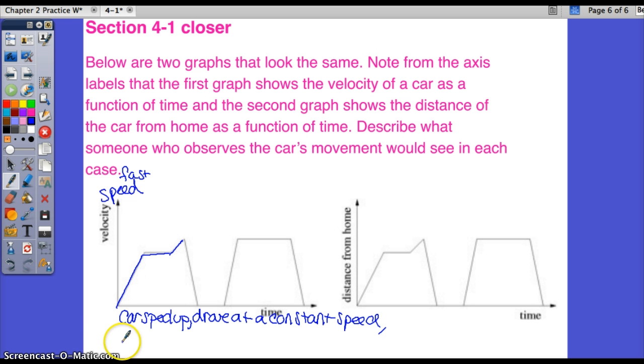Then it sped up again, sped up more. Wow, this looks like an abrupt stop, an abrupt stop at a light. And I would say the light because time went on, so he was stopped for a little bit of time. Then he sped up again.